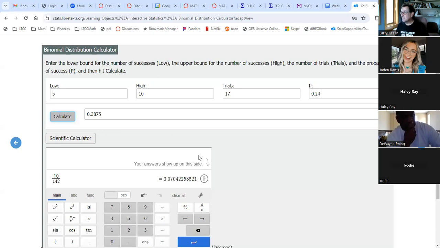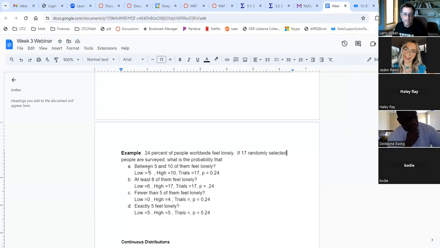And they calculate. It says there would be about a 39% chance that between 5 and 10 randomly selected people feel lonely. Any questions on that? Very important for the field of psychology. This is an example of a psychology thing. Any questions on part A?